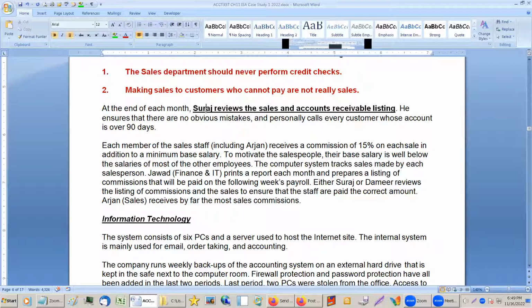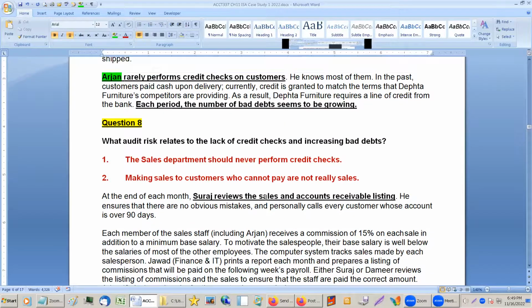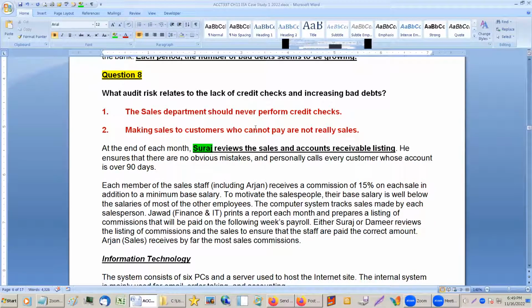Siraj reviews the sales and accounts receivable listing. So we do have some control over it. It's not like there's nobody that knows what Arjan is doing. However, first things first, the sales department should not be performing credit checks, and someone else should be doing that. And then also making sales to customers that cannot pay are not really sales.